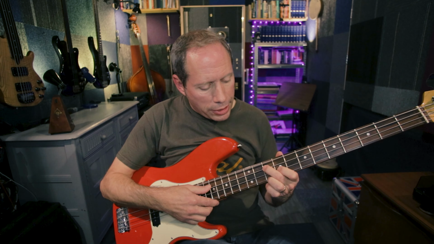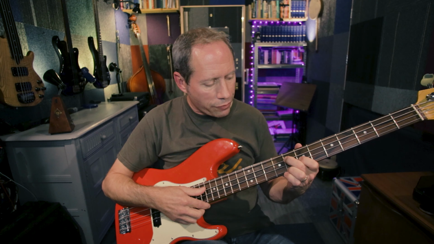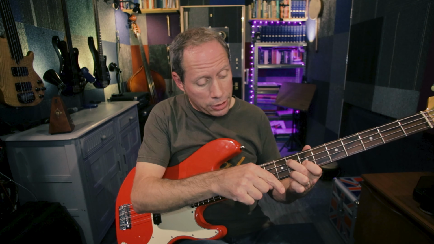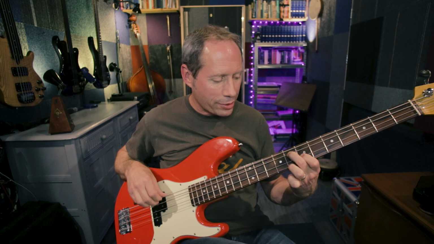Also notice that when I was playing chord 5 and chord 4, this is the closed version of that dominant 7th chord. So the 3rd is now next to the root, and above that is the flat 7th, but we still have that tritone in there. Our good old friend diabolus in musica.